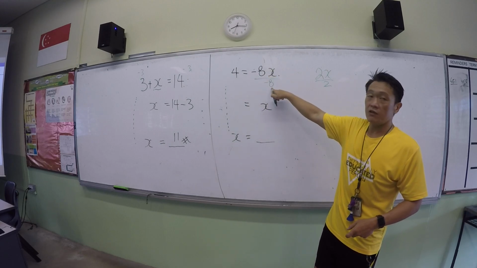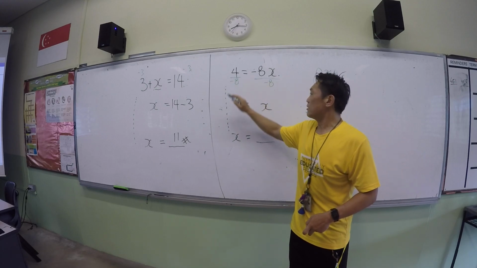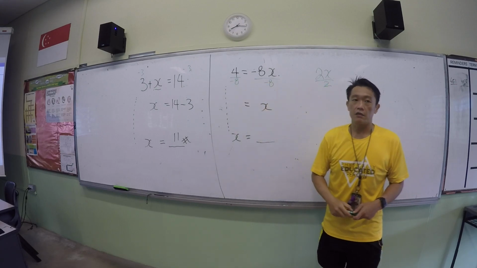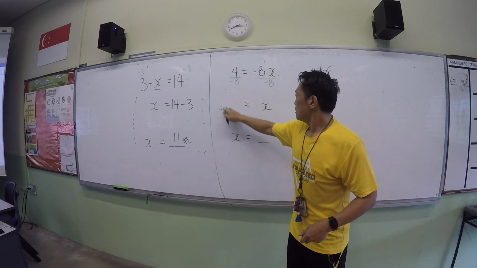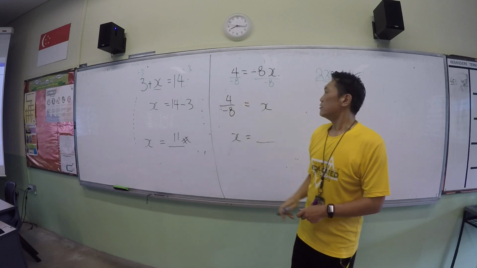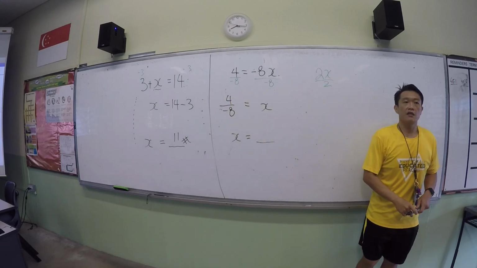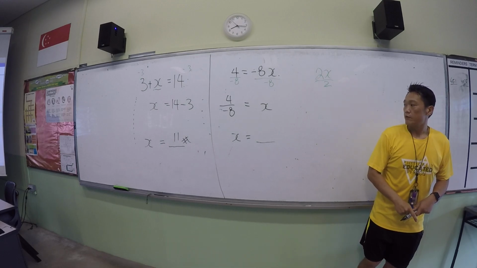But because I want to divide by negative 8, I must do the same thing on the left hand side. So that is how I will have 4 divided by negative 8. Okay?